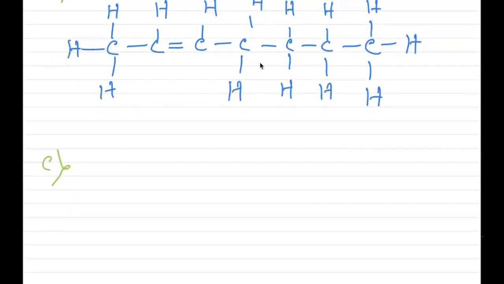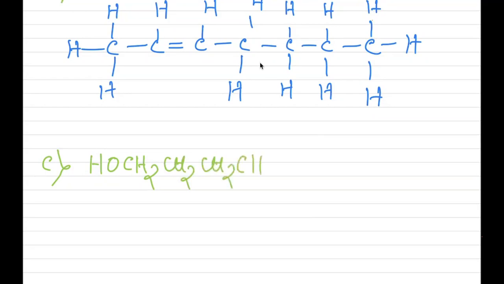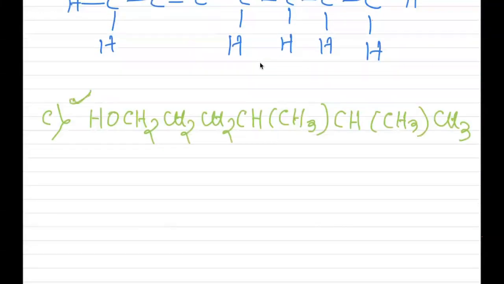Now next is this formula. CH, CH3, CH, CH3, CH3. For this compound, you have to write the condensed formula as well as the bond line formula. So for the condensed formula, first, how many CH2 are there? 1, 2, 3. 3 CH2 is there.